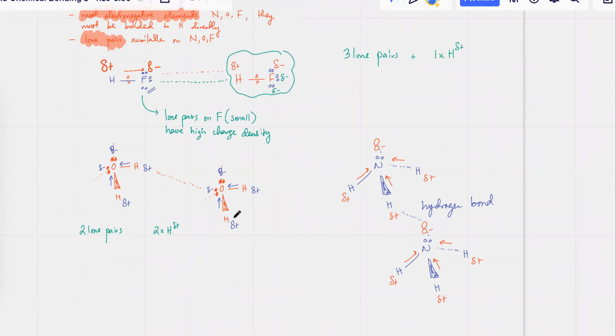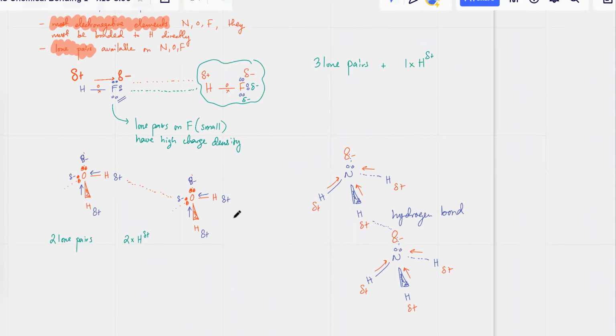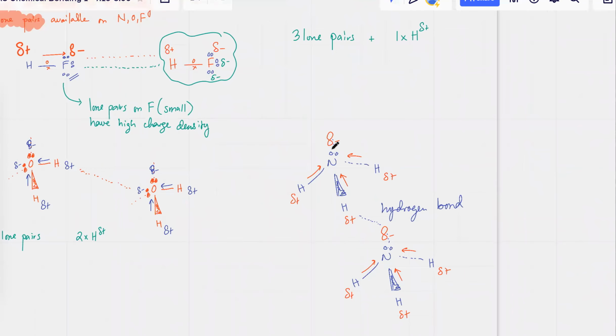And the same is the problem with ammonia. Ammonia has the same problem as HF. It's got just 1 lone pair, but it's got 3 H that are positive. And there's only 1 lone pair. So the problem is that because of the fewer lone pairs, most of the H positive will get wasted.